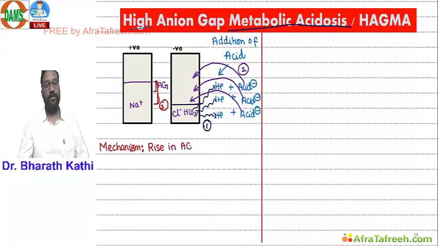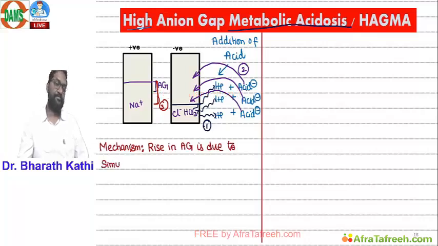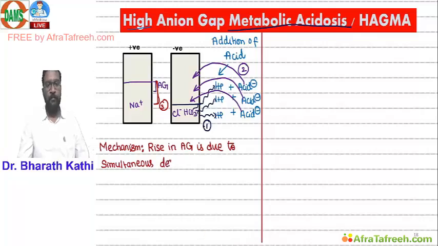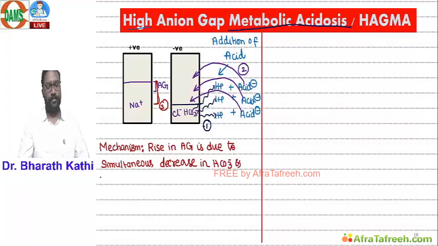Rise in anion gap is due to simultaneous decrease in bicarbonate and increase in unmeasured anion.